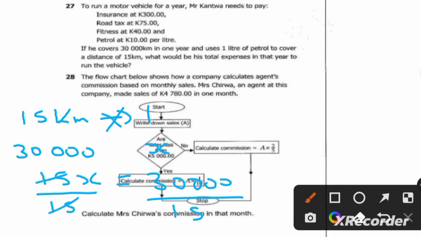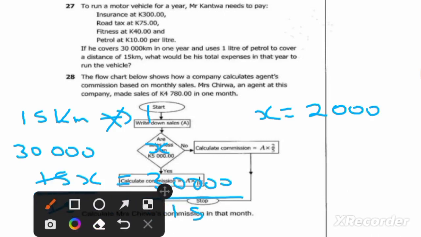So the value of x is equal to 30,000 divided by 15, which is equal to 2,000. So to cover a distance of 30,000 kilometers, 2,000 liters of petrol is needed.